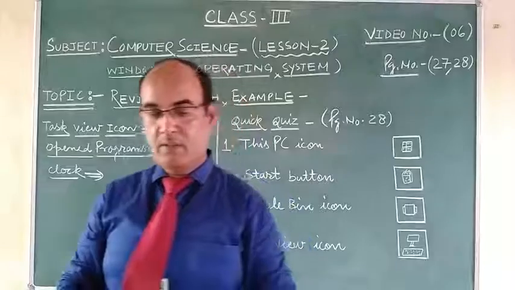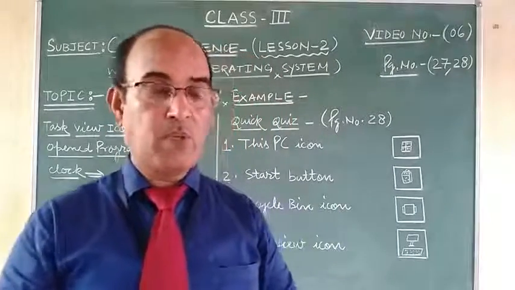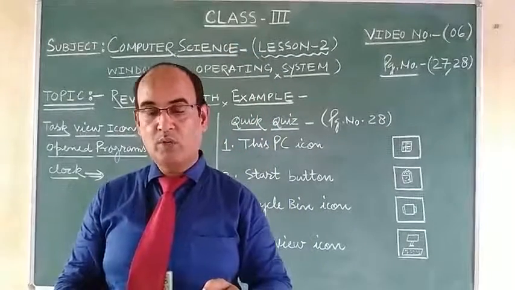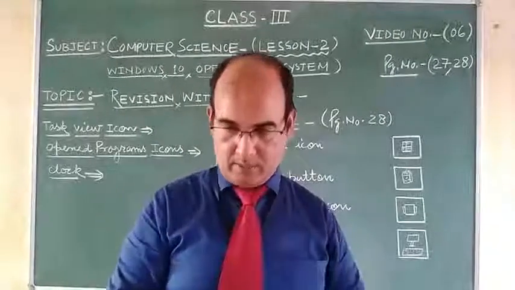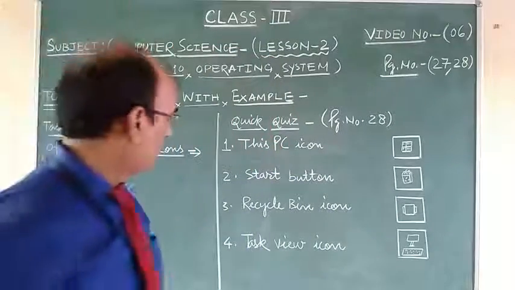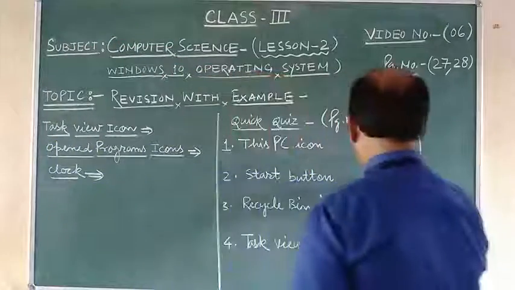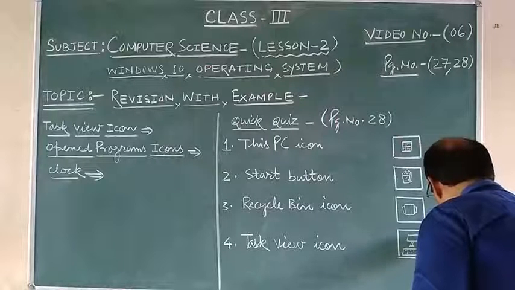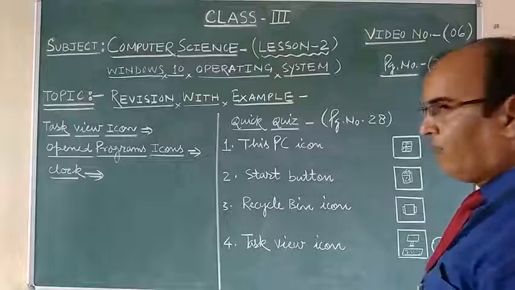On one side is given the name of the icon and on the other side the picture or logo of the icon. How can you recognize this PC icon? You can write it as number 1. Start button, where?